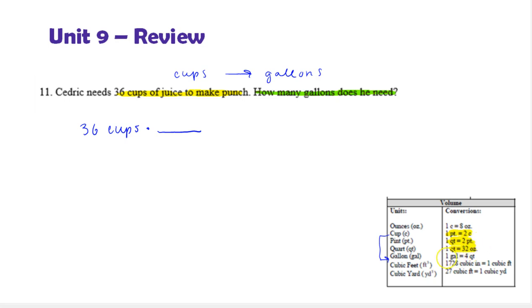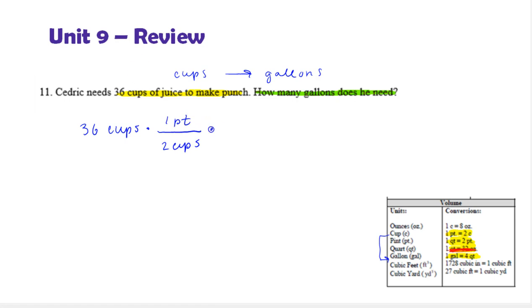Oops, that one isn't gallons, this one's gallons. So we don't need that one, that was ounces. Okay, so first we want to go from cups to pints, so there's 2 cups in a pint. I put cups on the bottom and the pint on top.